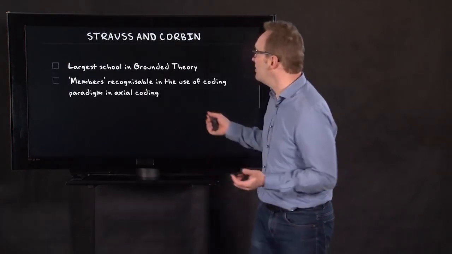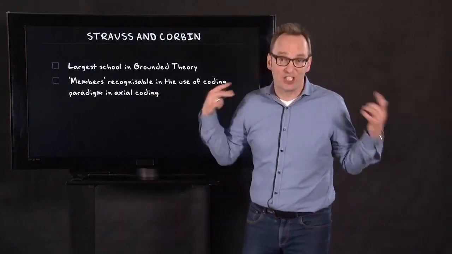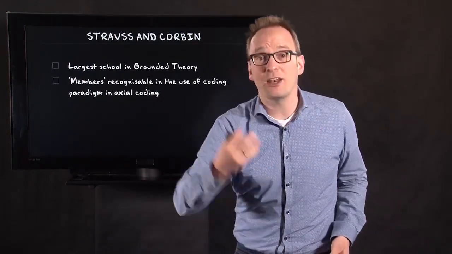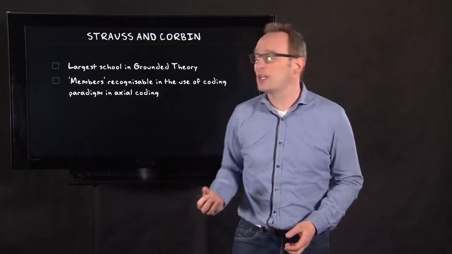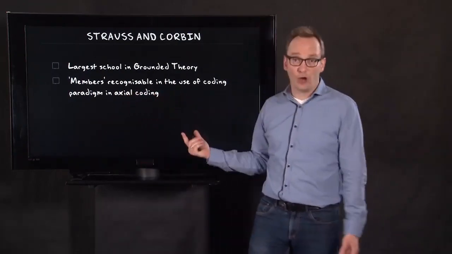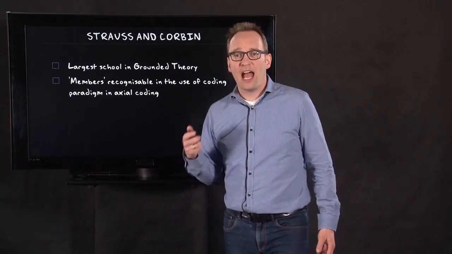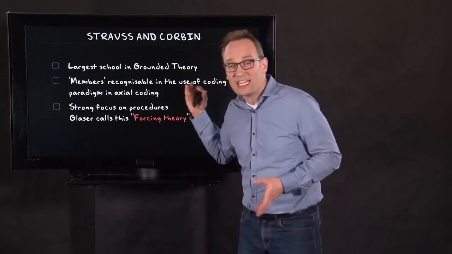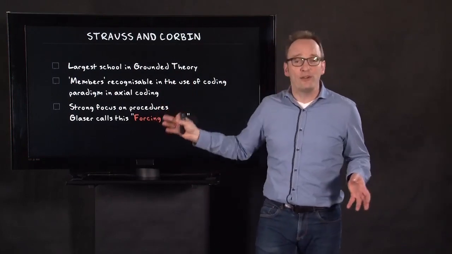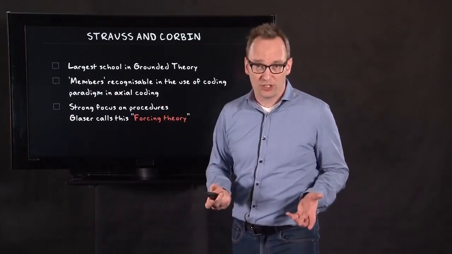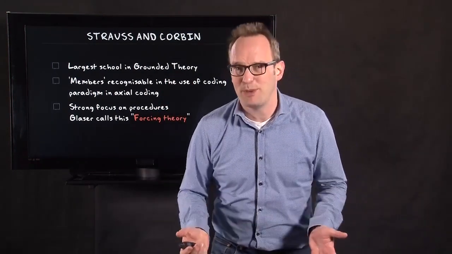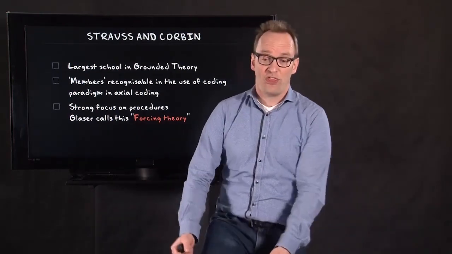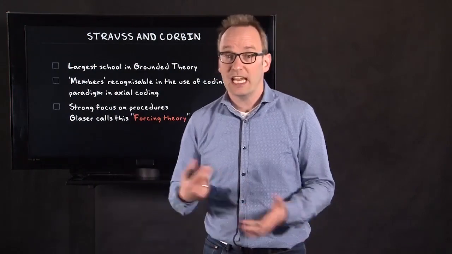We can easily recognize members of this school because many people influenced by Strauss and Corbin use axial coding, as they call it. Their book had a very strong focus on procedures. Some would say it's a recipe book. Or Glaser calls it, well, it forces theory on data.